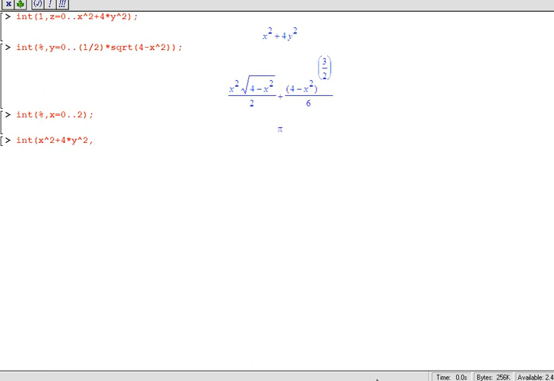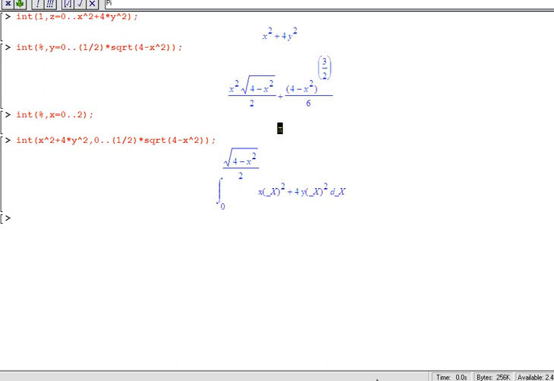And we're going to go from 0 to, and we're going to say, I forgot, this is going to be y equal.